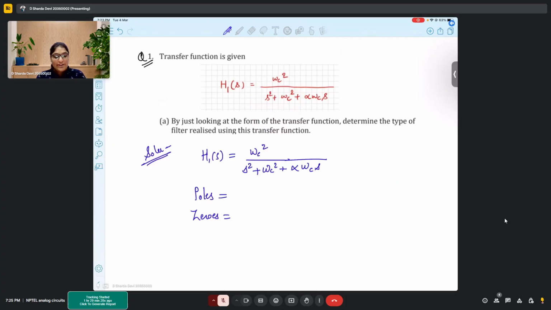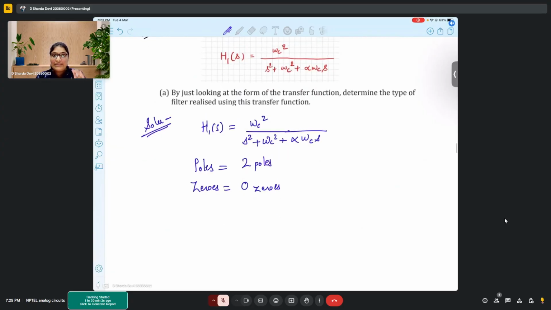Two poles, madam, because s square is in the denominator, right? So we have two poles. And if we talk about zeros, do we have any s term in the numerator? No, madam. So we have zero zeros.